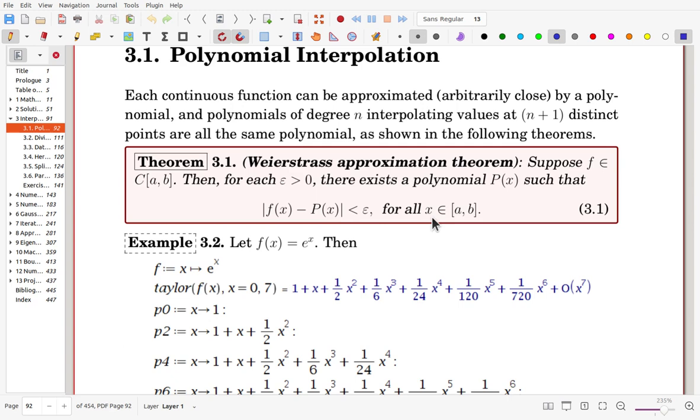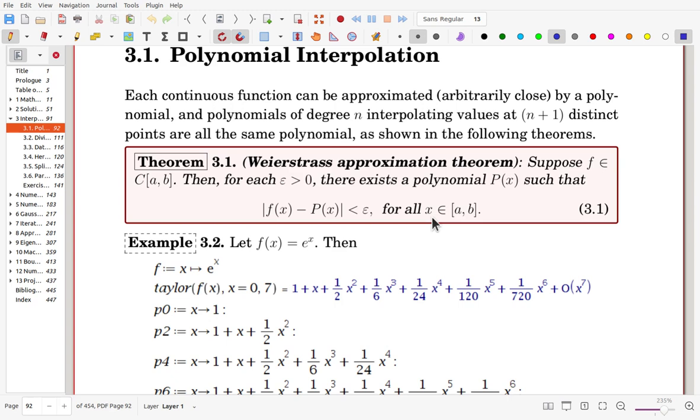This means that for continuous functions, we can find a polynomial which is arbitrarily close to the continuous function. Theoretically, it's true. However, in reality, sometimes it is not easy to find such polynomial, particularly when data points are decided.